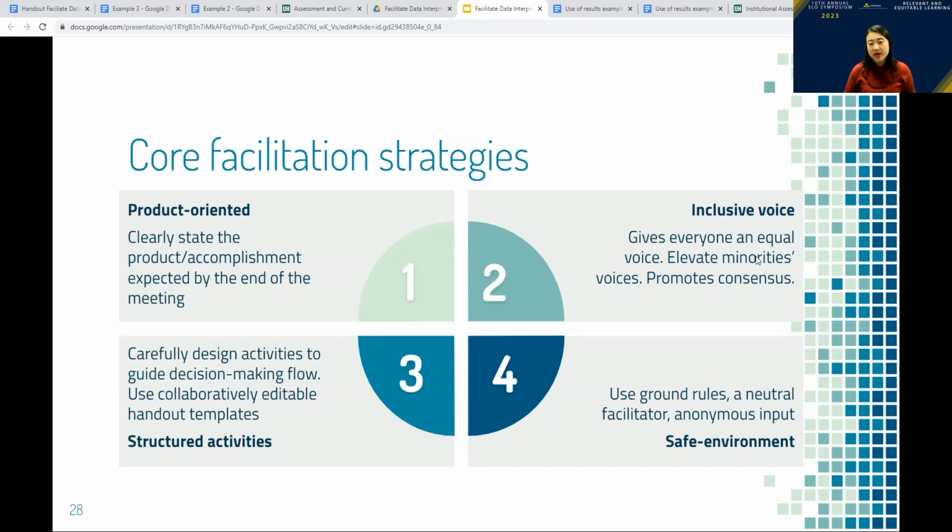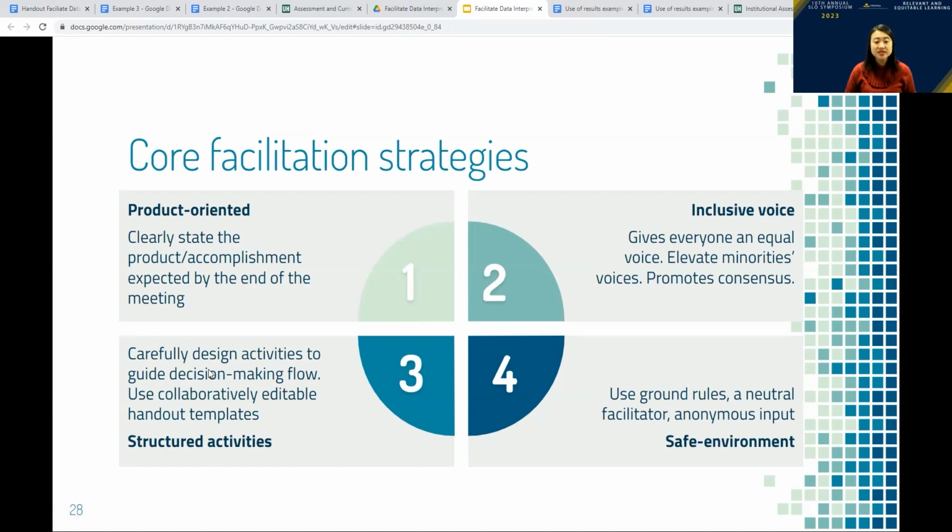Inclusive voice. Provide opportunity for everybody to have input. You can elevate minorities' voices as in the example that I gave in the presentation. We promote consensus. Consensus does not mean everybody agrees. It just means everybody knows that we have opportunity for everybody's input, everybody's voices are valued, and we support the group decisions. Structured activities.